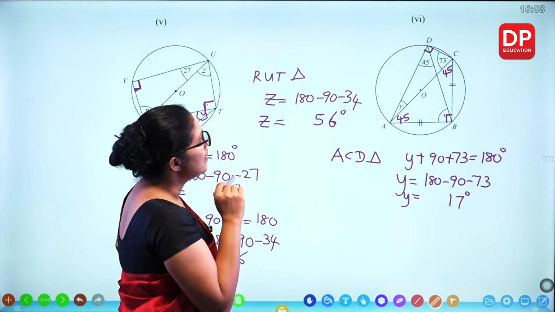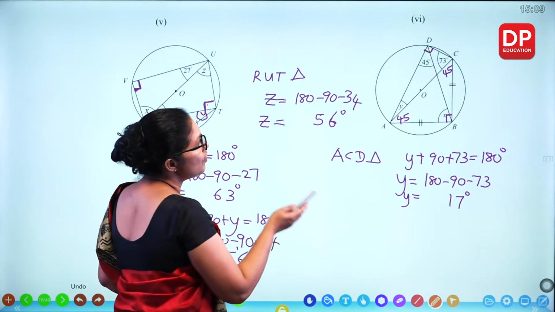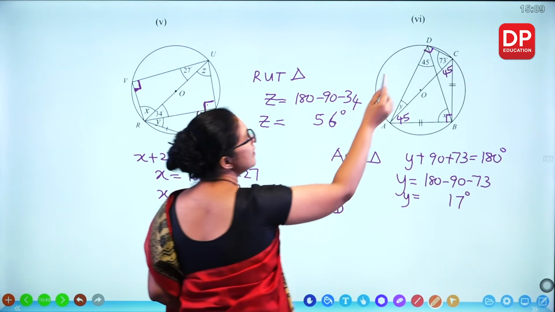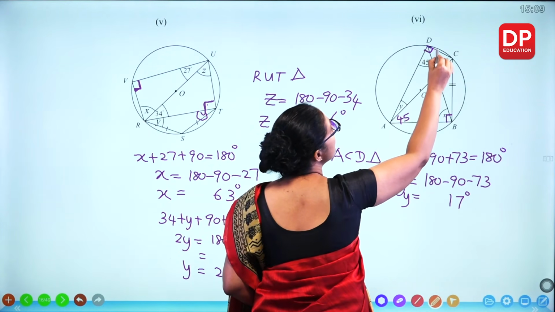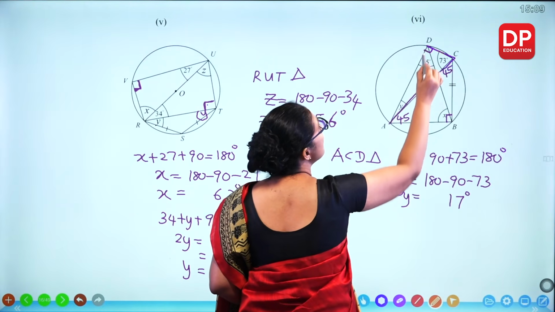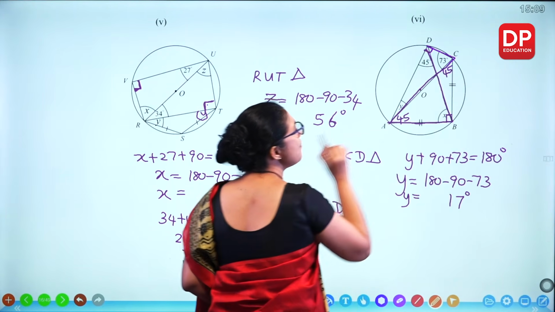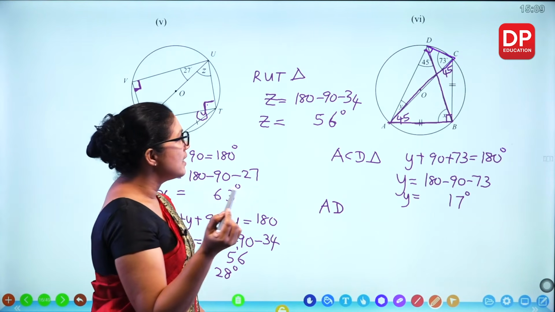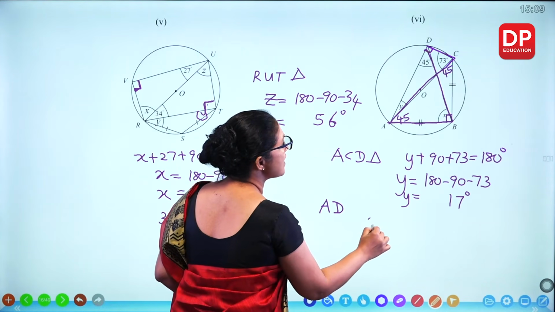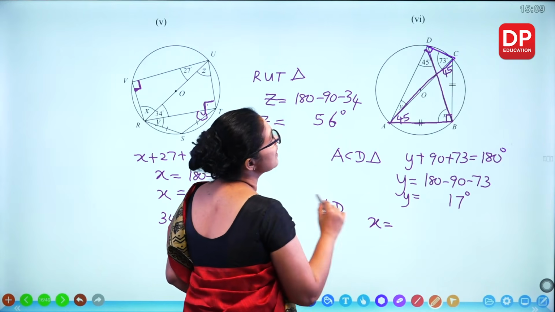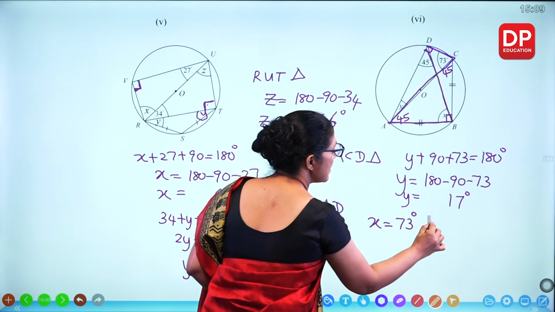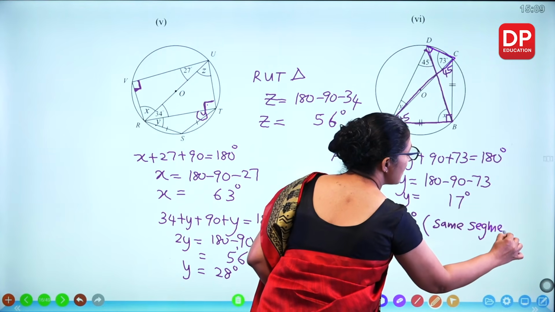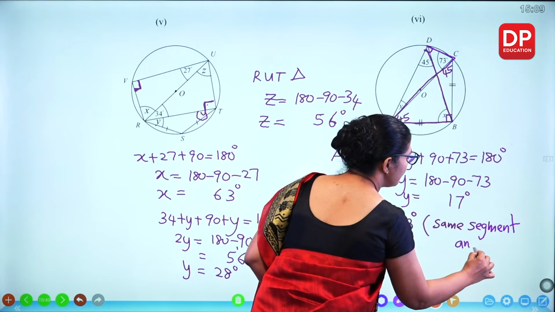When you look at AD chord, this angle and this angle, same segment angles are equal. So we can write x angle is straight away 73 degrees. Same segment angles.